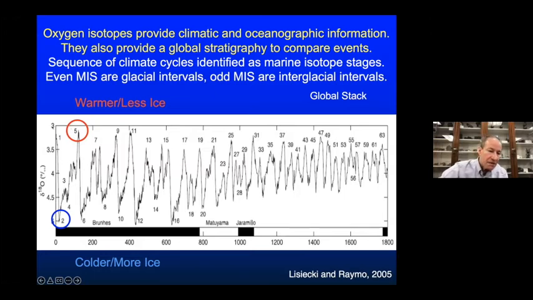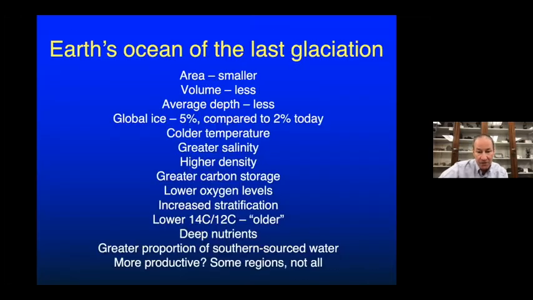We can see that the amplitude of this change from the last interglacial to the glaciation that we call last glacial maximum, and then back to our more modern conditions, the delta O18 change is on the order of 2 parts per thousand, 2 per mil. That may sound like a small amount, but it's one that we can measure readily by mass spectrometers, and it has very large climatic implications.